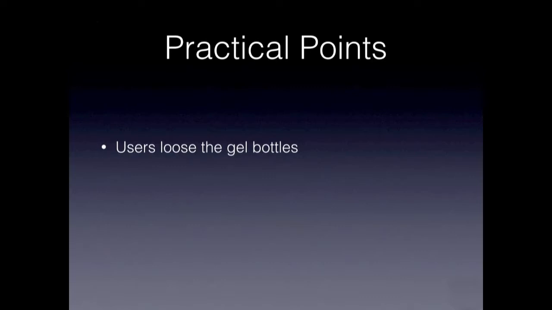They'll say, I've got the machine, I've got the ring, it's been calibrated and all that, but I can't find the gel bottle. You could probably go to the dollar store and find some little thing that you would put Purell in. Just get something like that and tape it to the machine so that they can't lose the gel bottle.